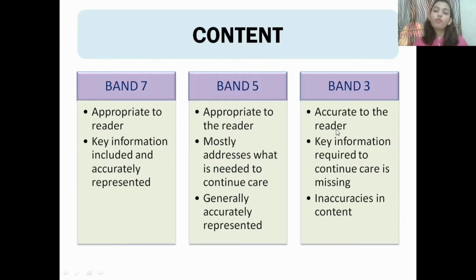Okay, so you will fall in grade C. If some of the points match band 3 and some match band 5, then you will score C+. So always keep band 7 in your mind and select your information.